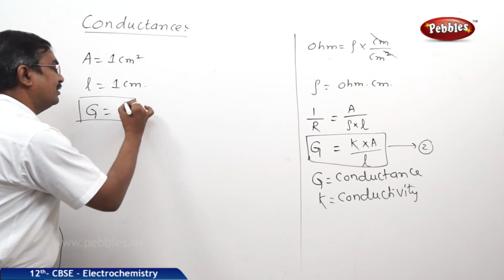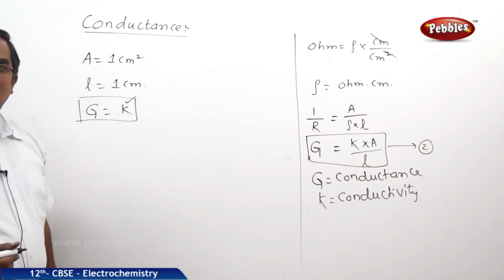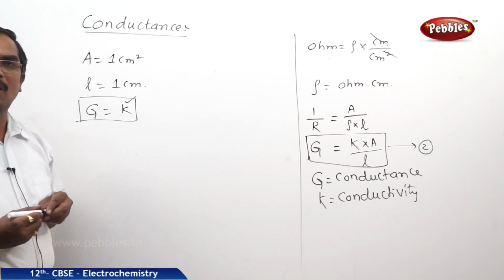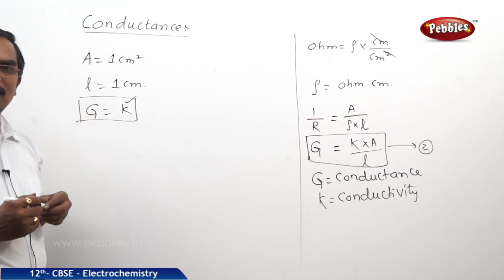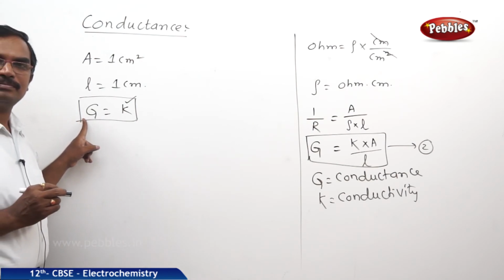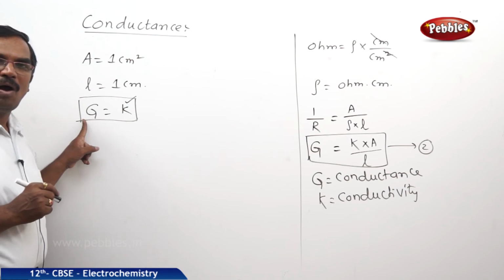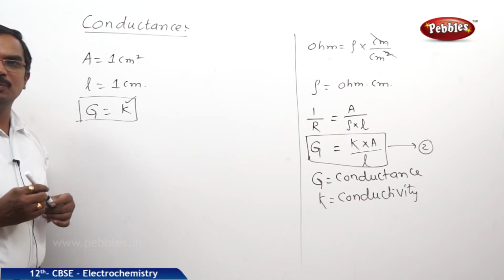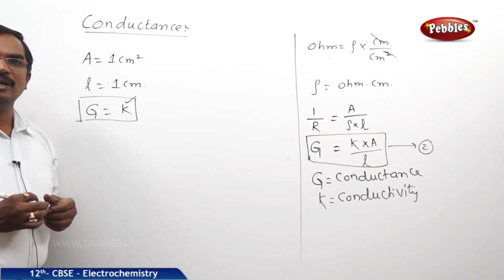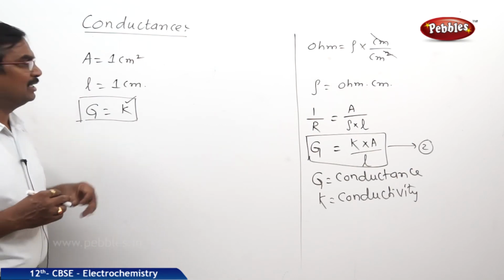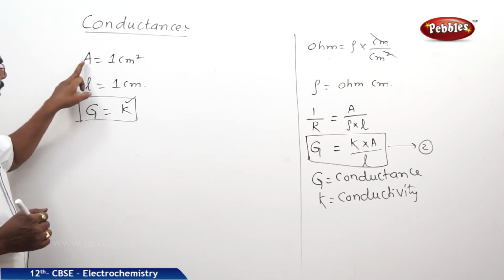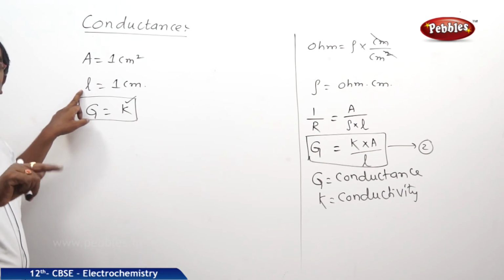From this we can define K, the conductivity of the corresponding cell, as nothing but its conductance of unit volume having any amount of the corresponding solute, because A is the area, L is the length, so area into length will give the volume.